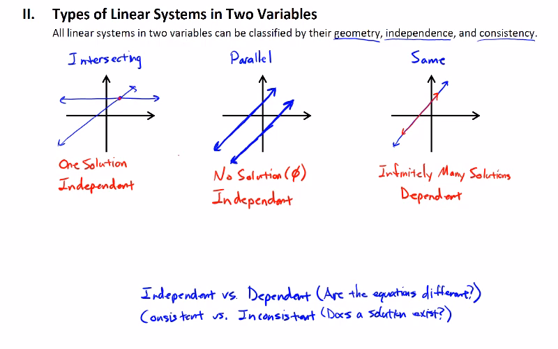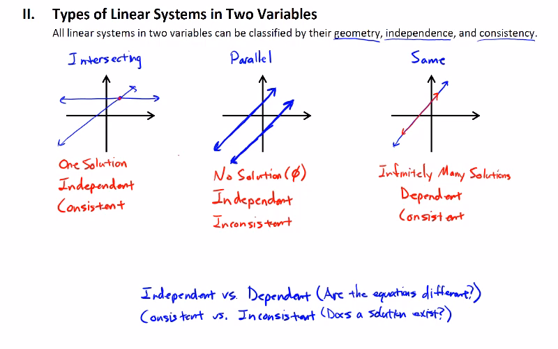Now there's only one system up here that doesn't have any solution at all, and that's the parallel lines case. So the parallel lines is going to be our only inconsistent system. Intersecting lines, of course, has exactly one solution, and all we have to have is at least one solution in order for it to be considered consistent. And then the same lines case, we have infinitely many solutions, so that's definitely at least one. So this is also an example of a consistent system.